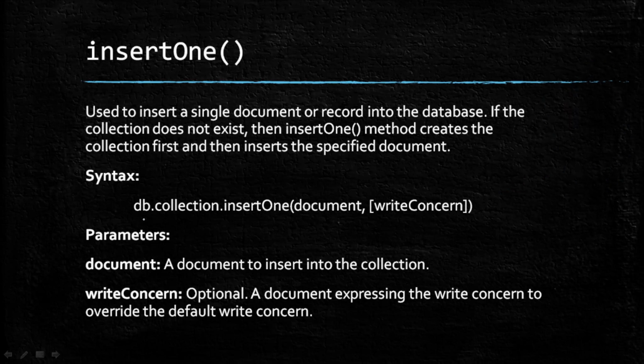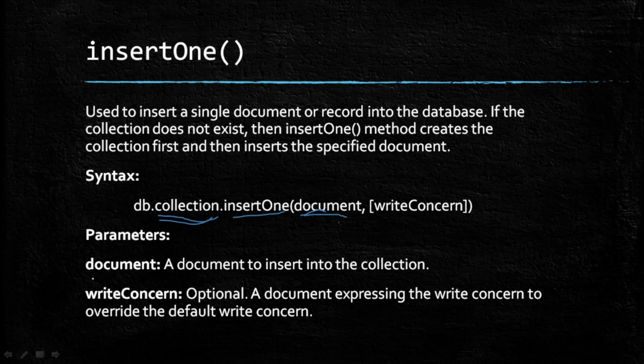The syntax is db.collection.insertOne. This method takes two parameters: one is the document, and the other is the write concern. So you can see db.collection, where collection is the collection name, then your method name, then the data we want to insert in the collection, and last the write concern.